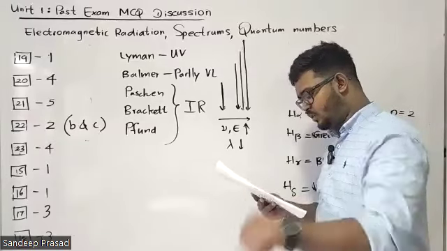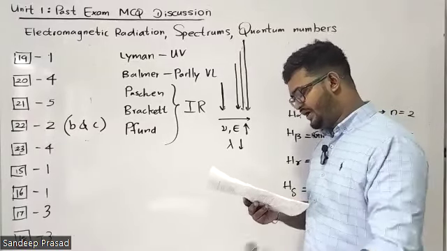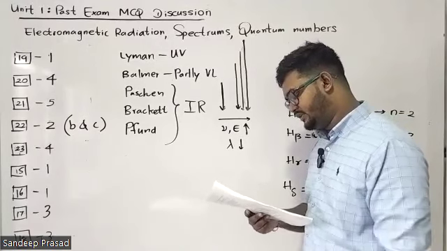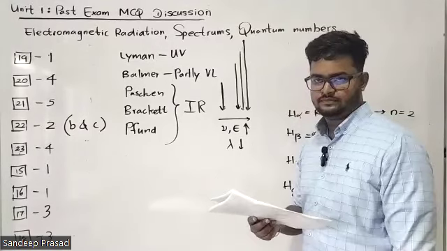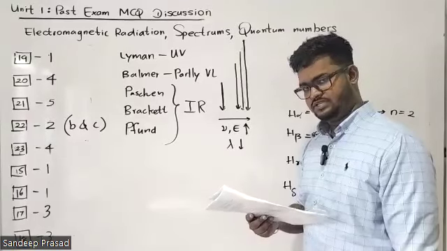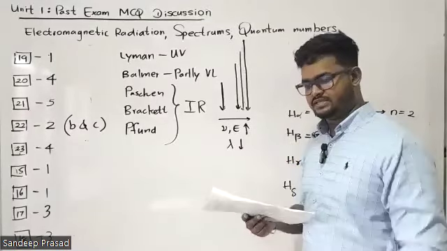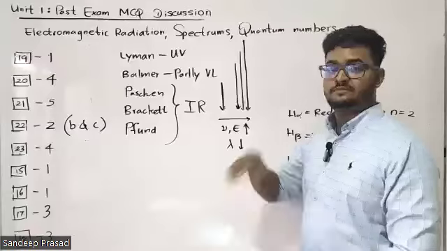Emission of radiation occurs when electrons undergo transition to the highest level from lower levels. Is that correct? No, that is absorption.